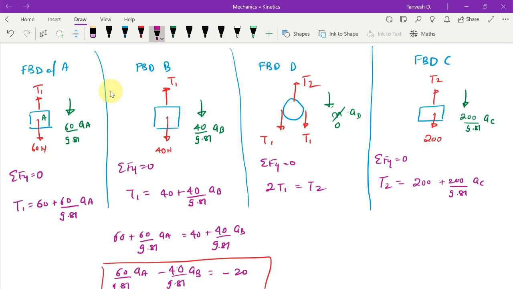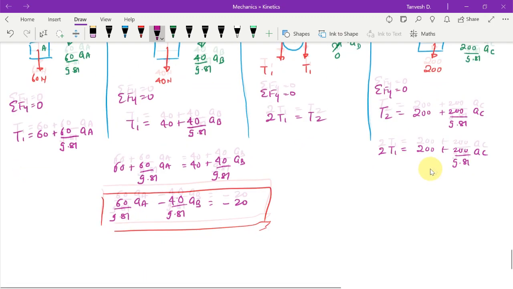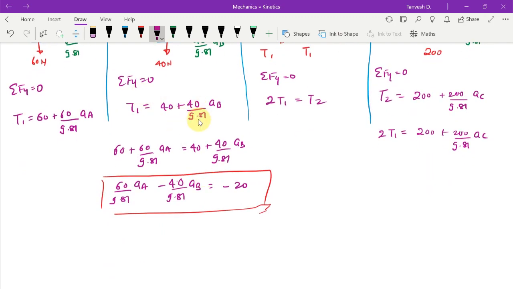Now since T2 is 2 times T1, I can say 2 times T1 is equal to 200 plus 200 upon 9.81 times AC, and T1 I know is 40 plus 40 upon 9.81 AB, or you can take the other T1, which is 60 plus 60 upon 9.81 AA. Any one you can take. So I'll take this one.